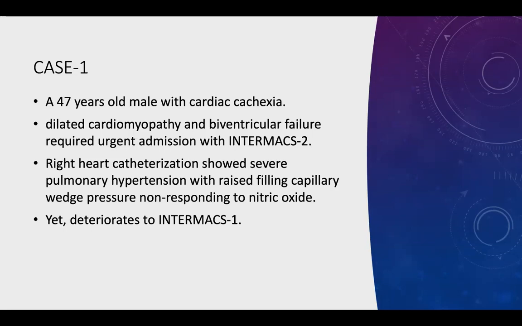Prior to ECMO, prior to the BiVAD, I will think of a balloon. Why hasn't anyone talked about the balloon? We talked about the balloon. The balloon is the least invasive.